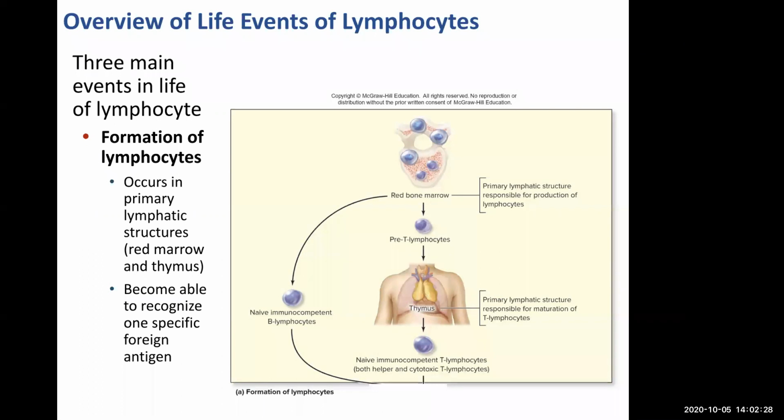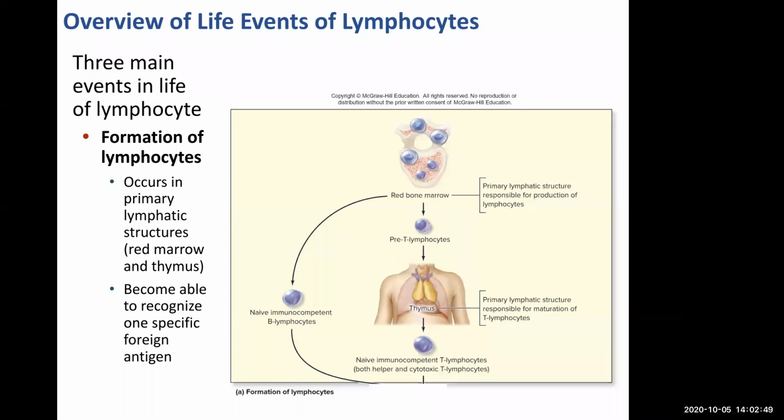If a cell is naive and immunocompetent, it tells you that it's a T cell or a B cell that can recognize its antigen, but it has never seen its antigen before.